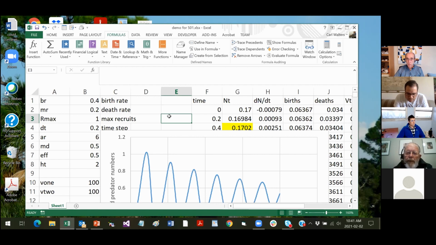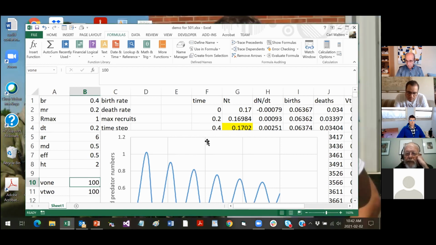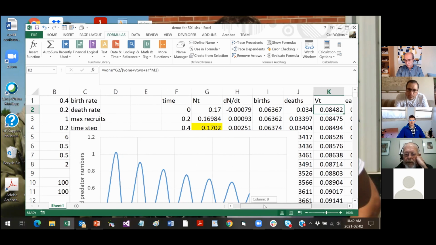Yeah, well, what happens is that V1 basically sets the maximum predation rate that can ever occur. V1 times prey numbers is the maximum rate at which animals enter the vulnerable state and can be taken by predators.